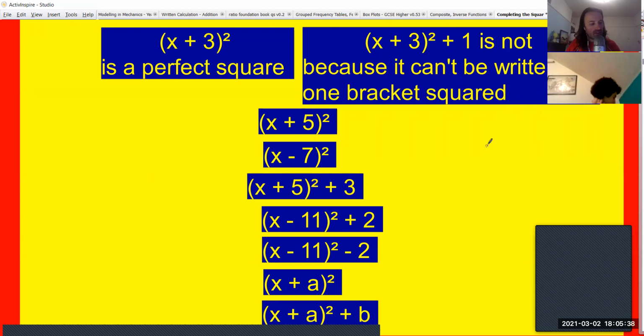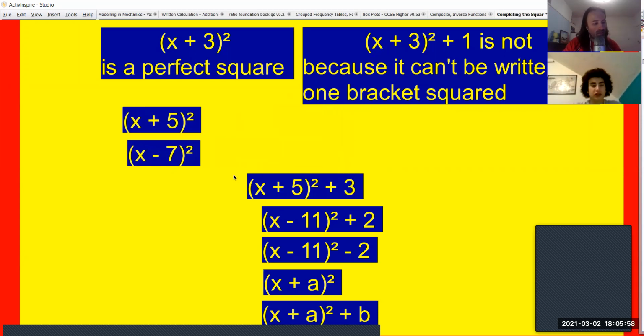So you have to say, is it a perfect square or not? First two are perfect squares. The third, fourth, and fifth are not perfect squares. The sixth is a perfect square, and the seventh isn't.